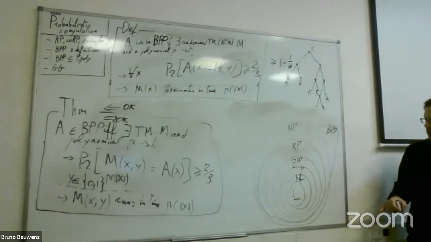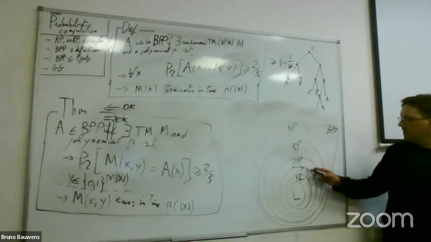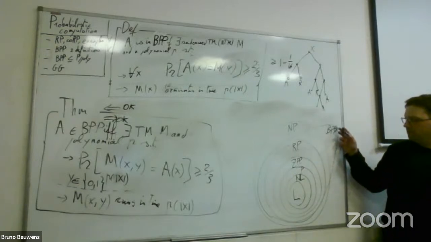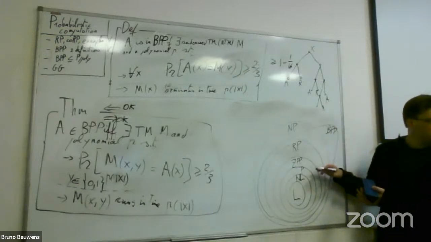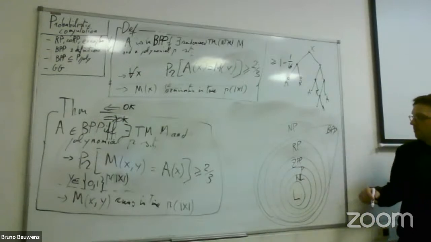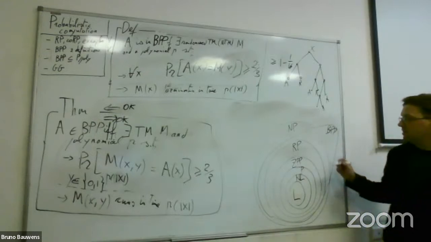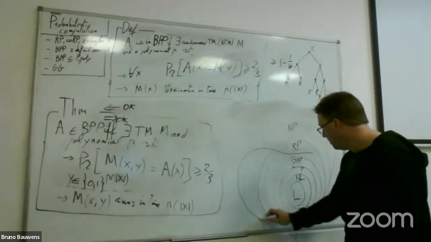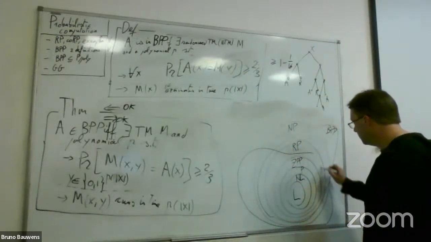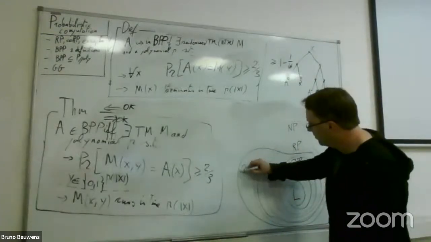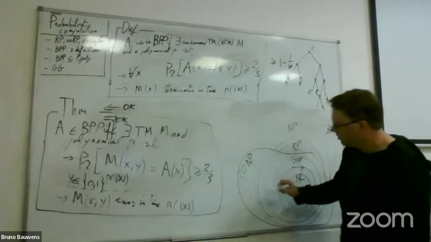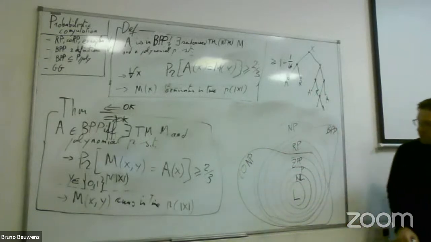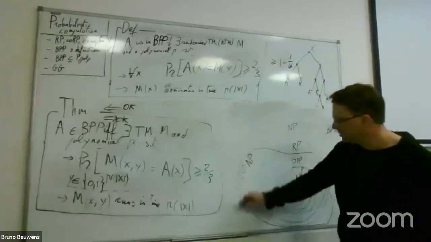Many people believe that P is equal to BPP, and in this case it would be in NP, but we don't know it. The same is true for co-NP. But if we draw co-NP, we get something like this. Still, all that stuff is contained in PSPACE. Yeah, it's even in NP space.